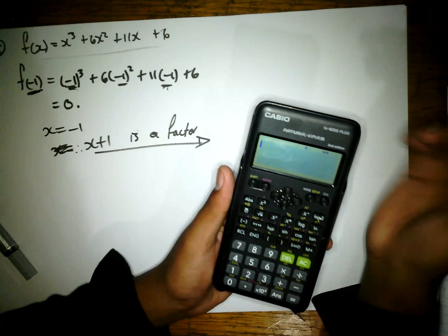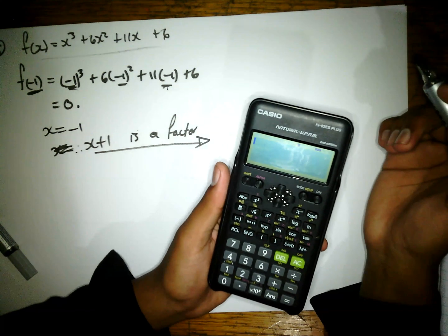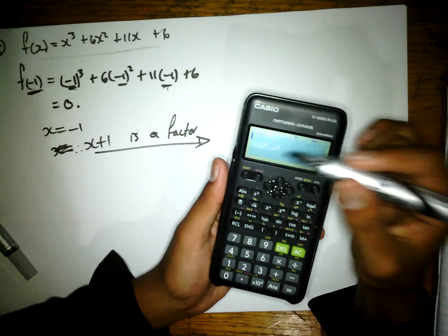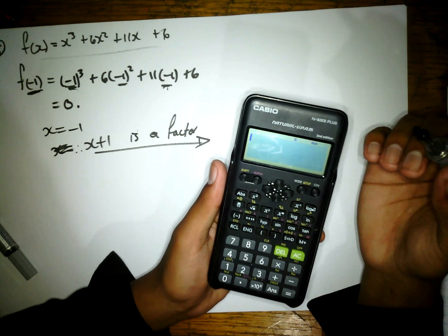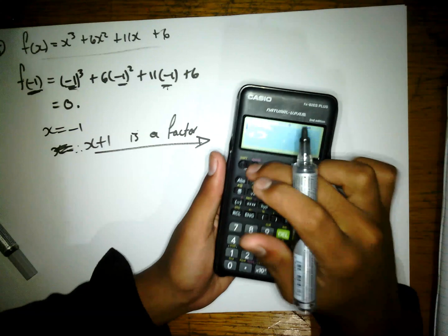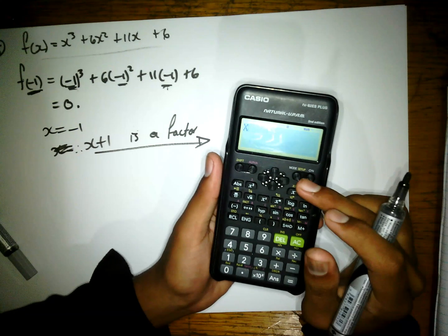There are many functions on a few buttons on your calculator, and the shift and alpha give you access to that. So alpha, X, that's how you get your letters.